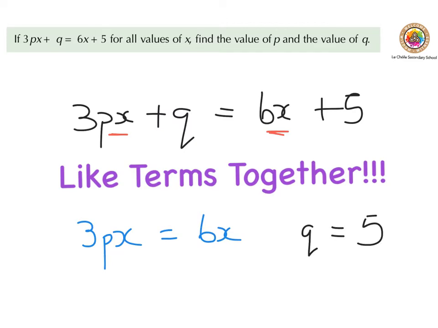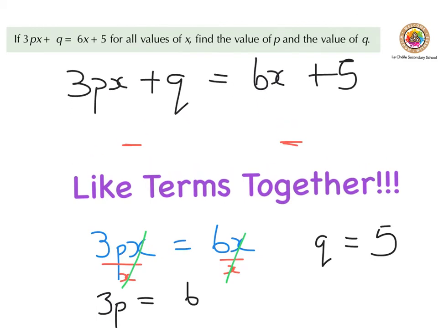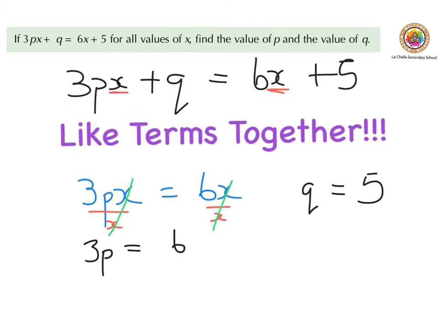So in my first equation, what could I divide across by? I could divide across by x to get rid of the x's. They cancel, and I'm left with 3p is equal to 6. In order to get p on its own, I'm just going to divide by 3.